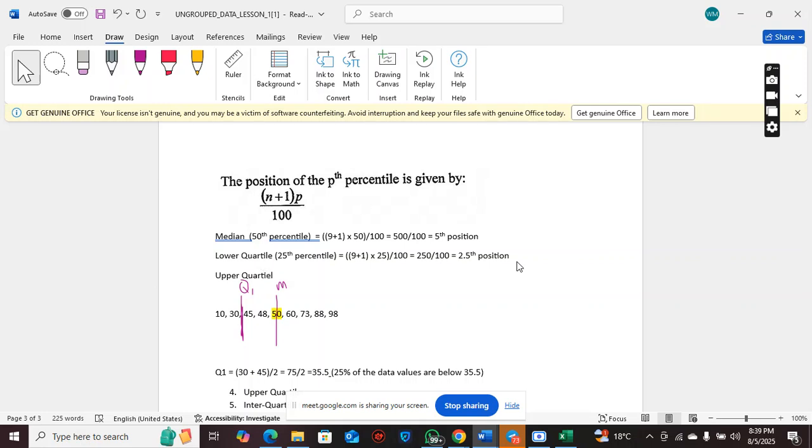Our upper quartile is on the 75th percentile. So you're going to say 9 plus 1 times 75, all of this divided by 100. 9 plus 1, that is 10. 10 times 75, 750. 750 divided by 100. It's on the 7.5 position.